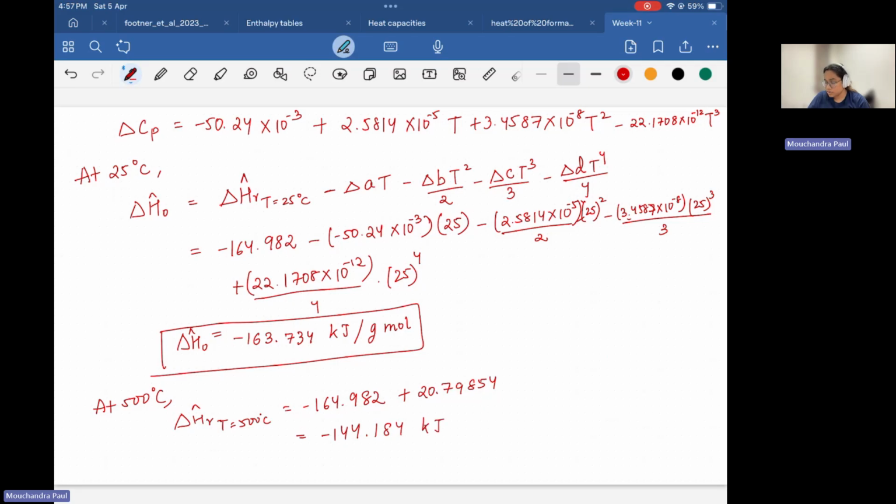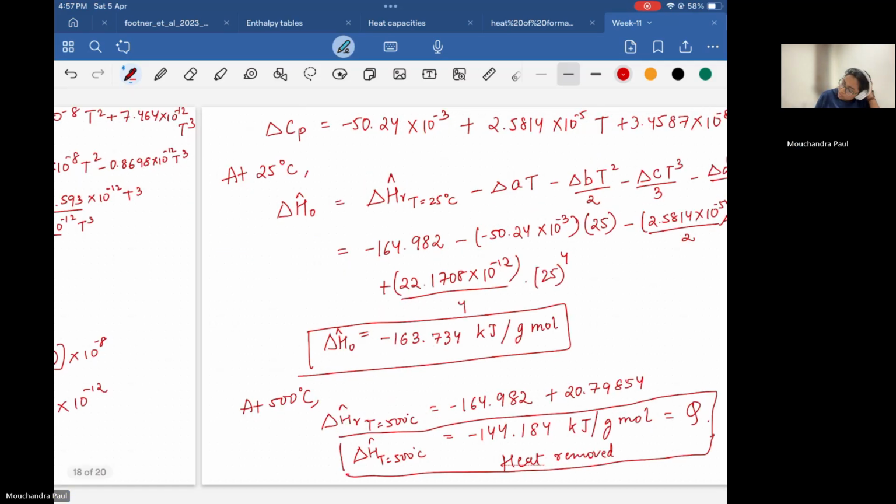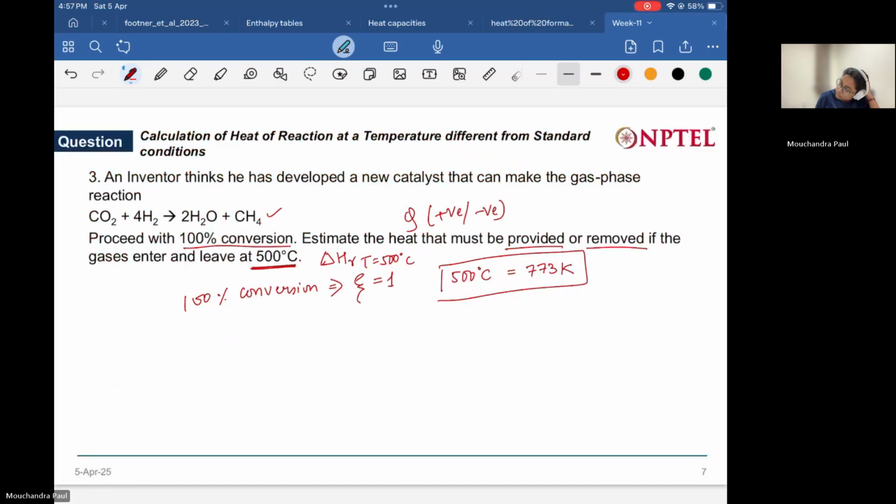In the units kilojoule per gram mole. So this indicates what? This indicates heat is removed, right? Negative value is there. This much heat is removed for the reaction that is undergoing reaction at 500 degrees Celsius. Okay.